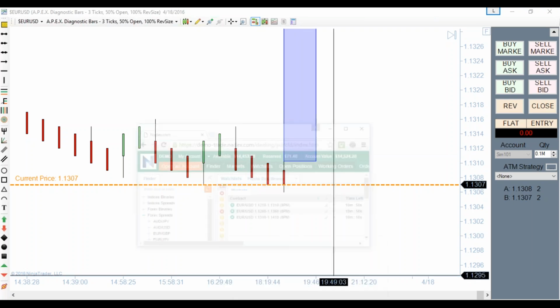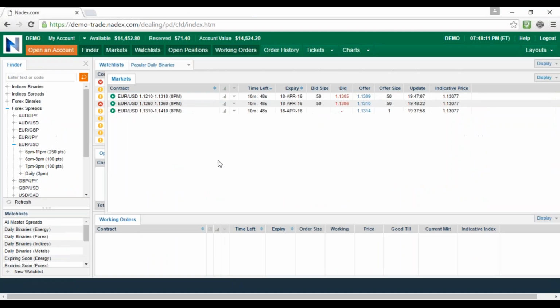Notice it. 13.10 is what? The bottom, the floor, and it goes up to 14.10. Goes up 100 pips, right? Look at the spread up top. There's another spread that has 13.10 as the what? The top, the ceiling.